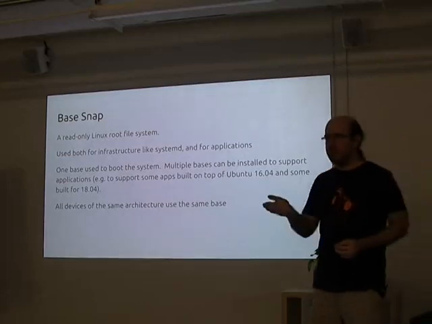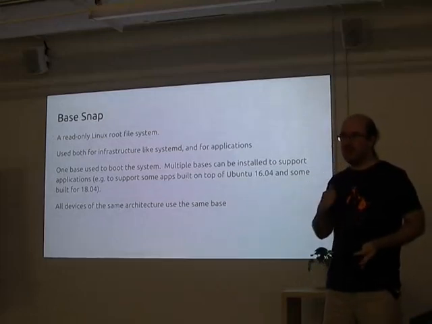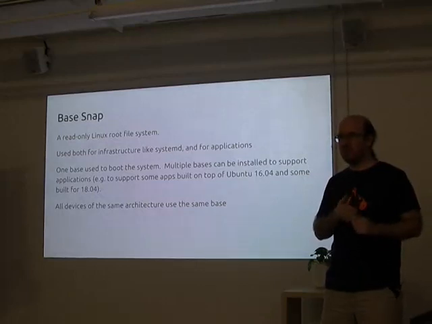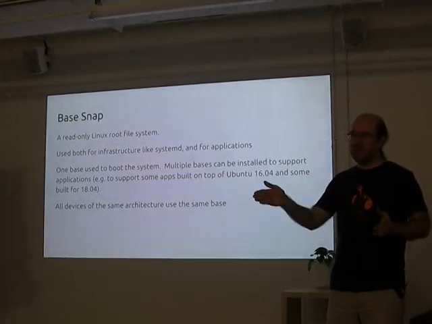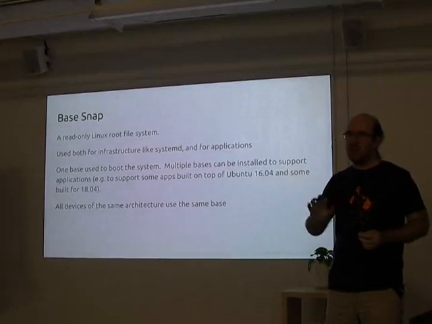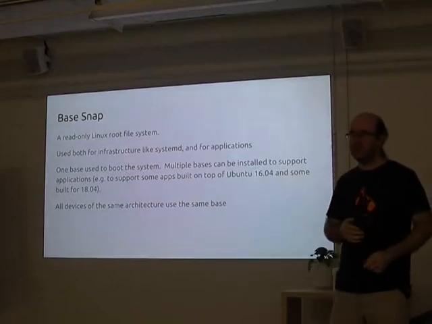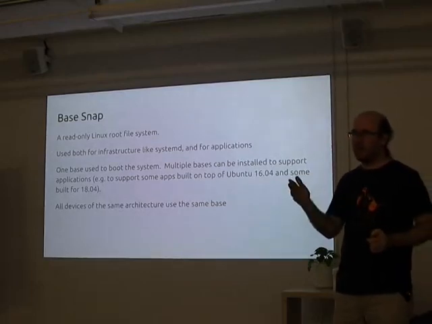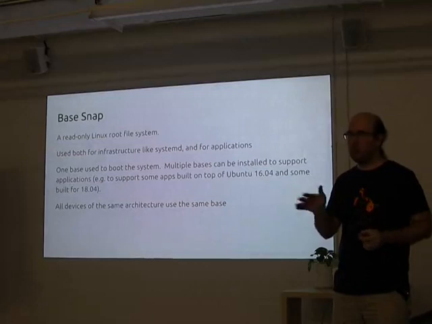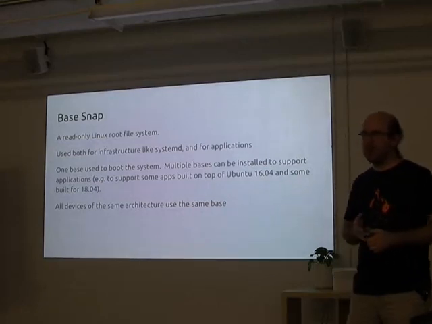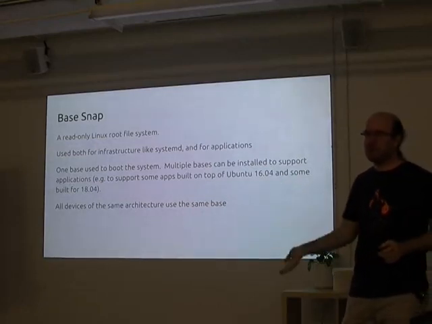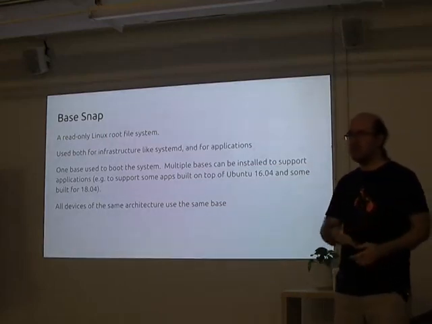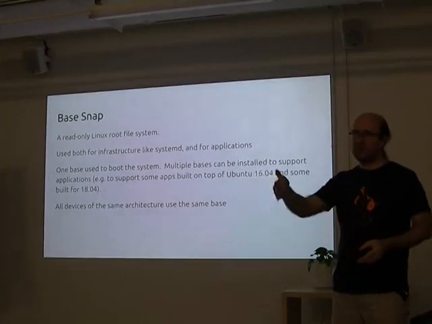For instance, I did mention mount namespaces earlier. This means that when you've got multiple processes on a system, they can each have a view of a different root file system. So while the base system I built up might be an Ubuntu 18.04 based Ubuntu Core system, I might have an application which was targeted at the earlier 16.04 base system.